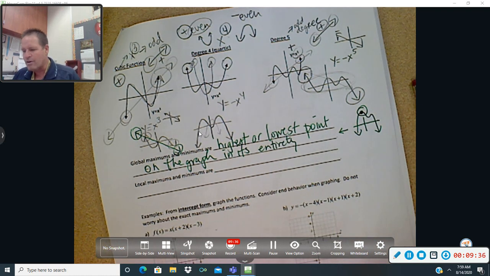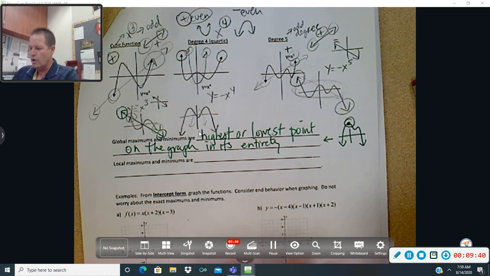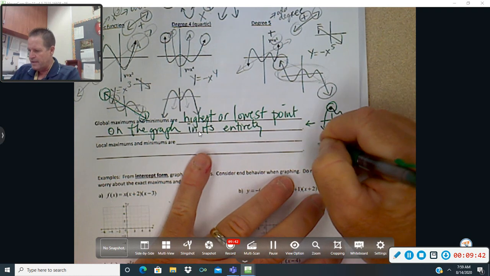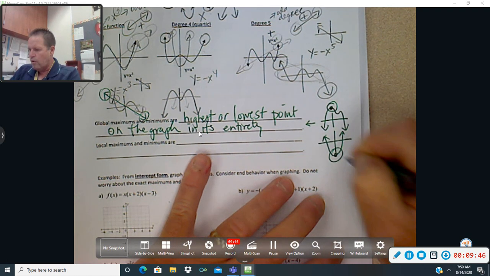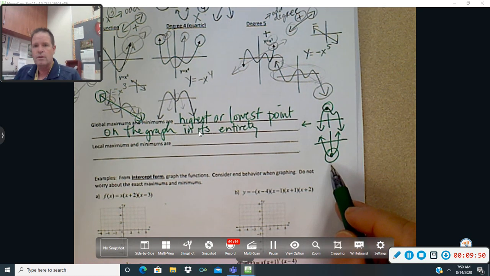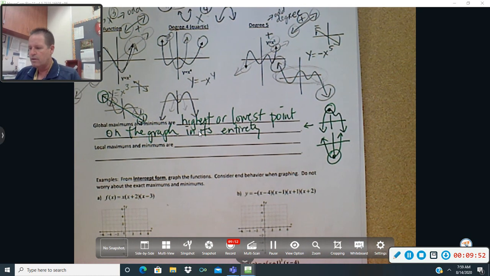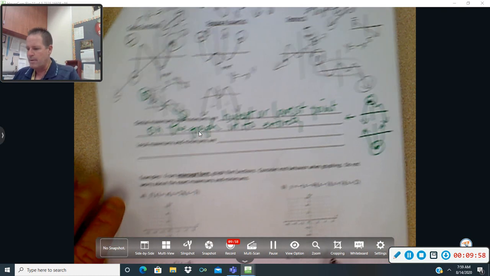So for the entire graph, there is no other higher point. There is no other lower point. I mean, draw this picture. This would be considered a global minimum. That is the absolute lowest point. There is no other lower point. Now, sometimes in certain locations, there are maximums and minimums.